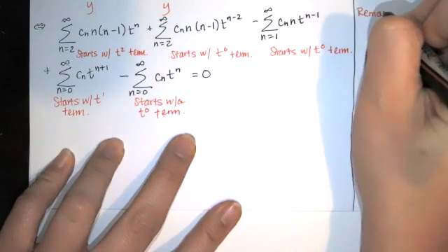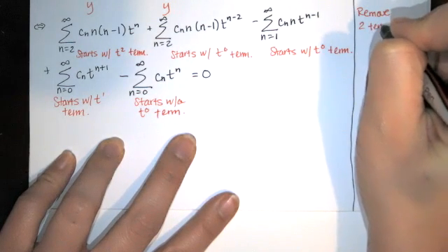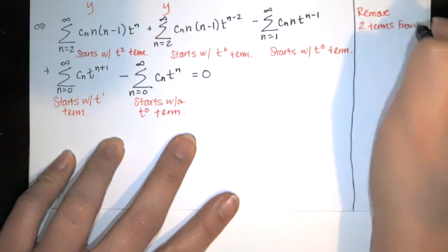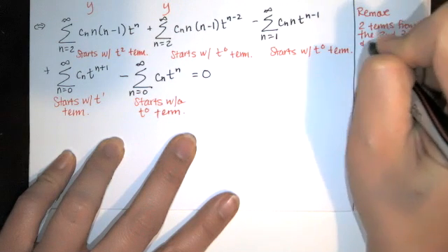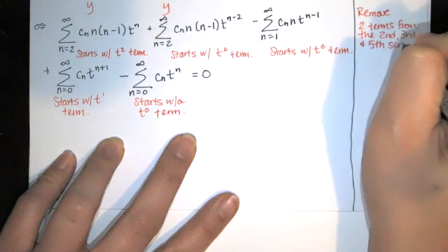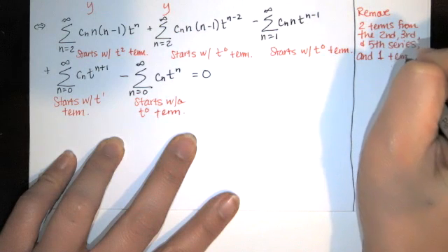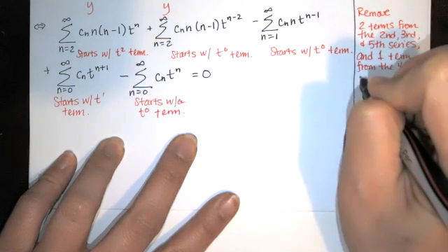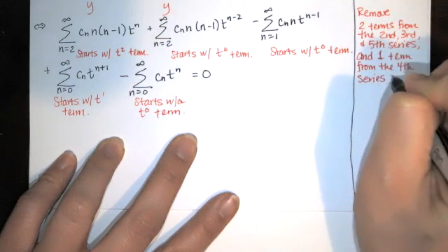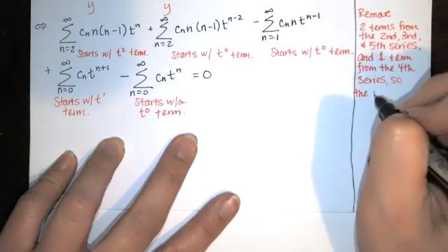So we're going to remove, let's say, 2 terms from the second, third, and fifth series, and 1 term from the fourth series, so that the resulting series all begin with a t squared term.